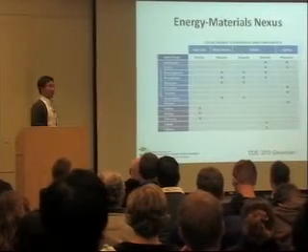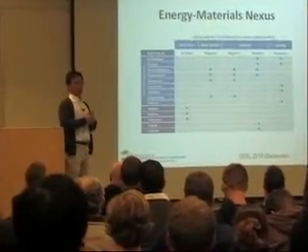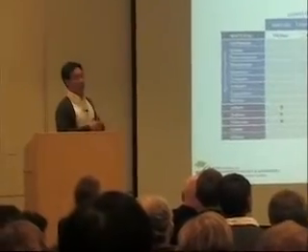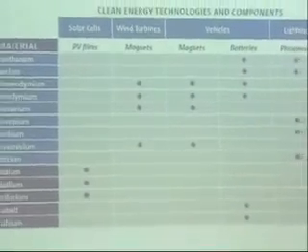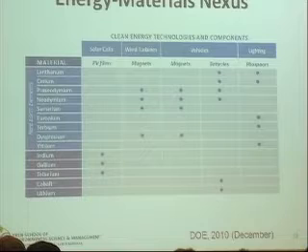So on the demand side, just about 3-4 weeks ago, DOE released a very interesting report about strategic materials for future energy supply. DOE identified about 14 materials for their strategic importance in supplying future energy.